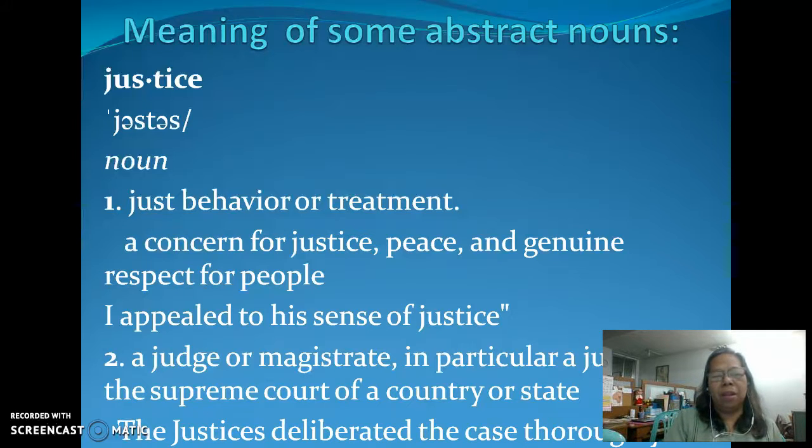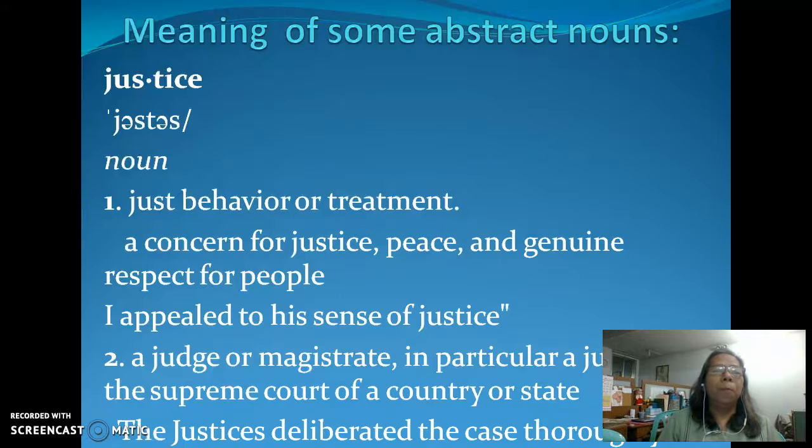But let's look at the second meaning of the term justice. Now, it becomes a concrete noun because justice may also refer to a judge or a magistrate, or in particular, a judge of the Supreme Court of a country or a state. So, an example of a sentence under that would be, the justices deliberated the case thoroughly, in which case, the term justice now has become a concrete noun because it can be seen. Okay? A judge is a person.